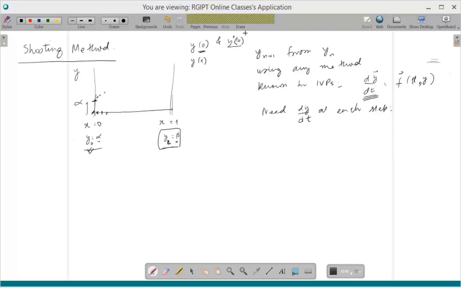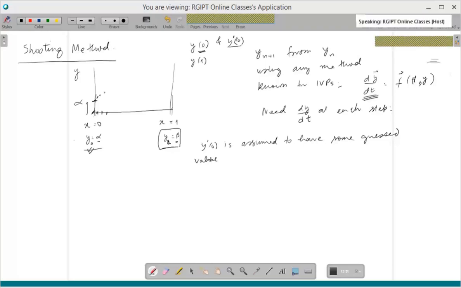So what we do instead is assume it has some value. So y prime 0 is assumed to have some guess value, and with that I solve for y1.